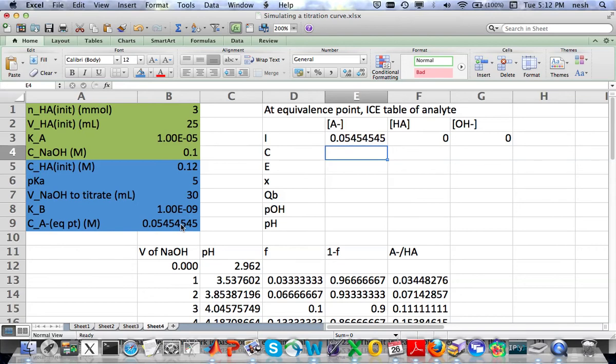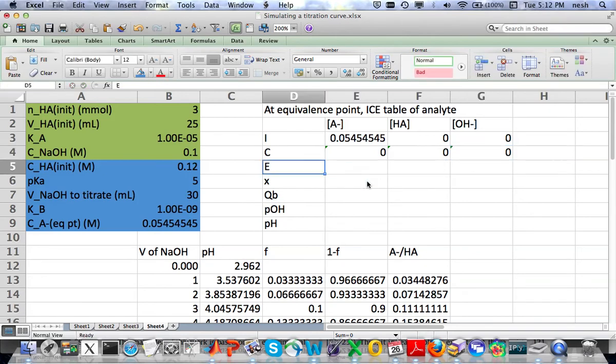All right, the change is going to be some amount of X that reacts. That's going to be plus X, and this one also will be plus X.